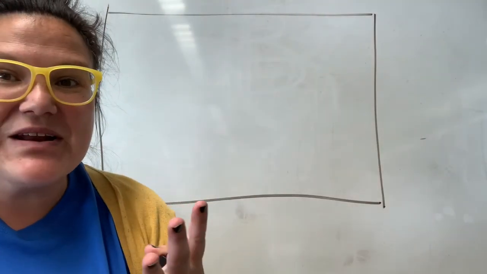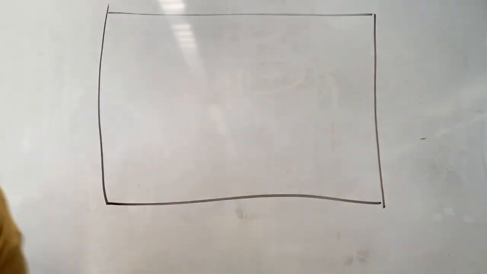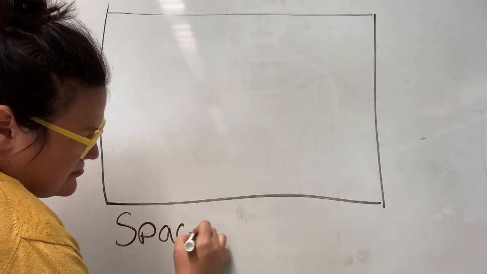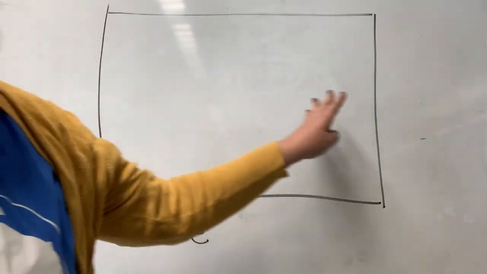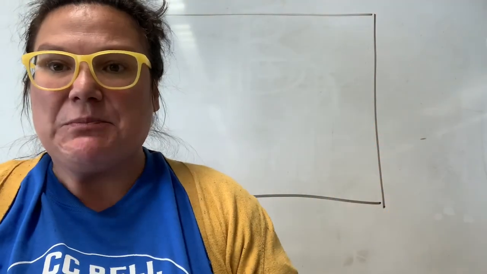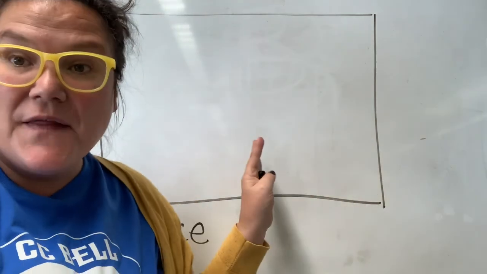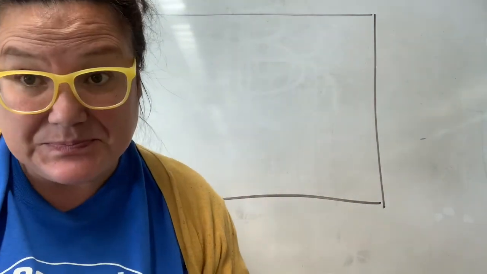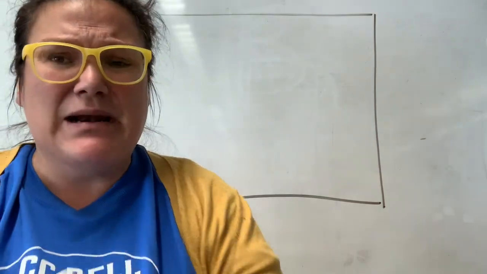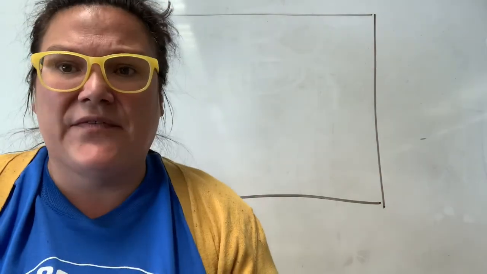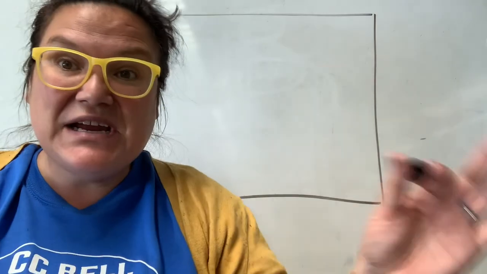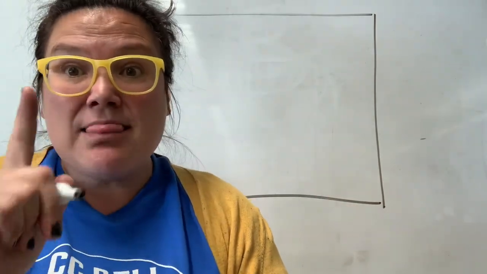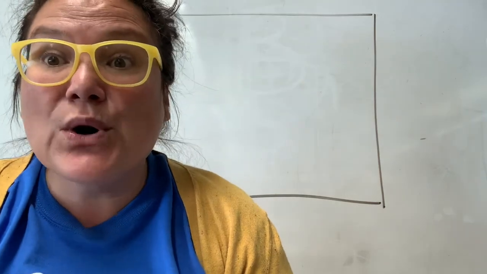All right, so one of the first elements I mentioned is space. So let's look at the space on this piece of paper. Let's imagine that on this piece of paper, I'm drawing a big empty field. If you are standing out in a big empty field and there's nothing around, there's no buildings, there's no trees, there's no nothing, you are gonna see one line, and it's a very important line.